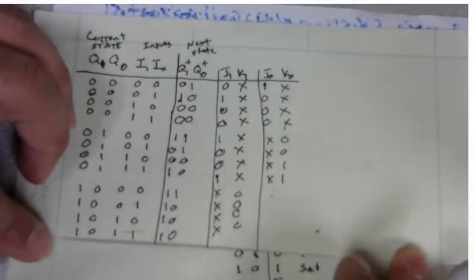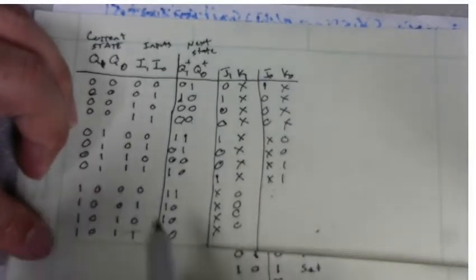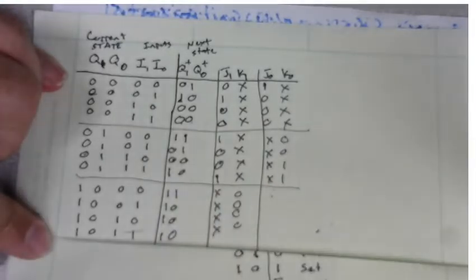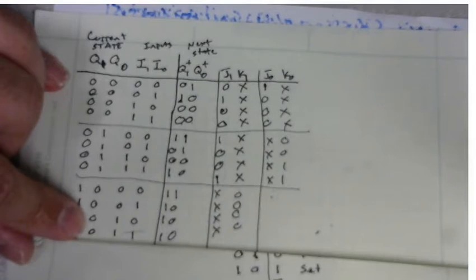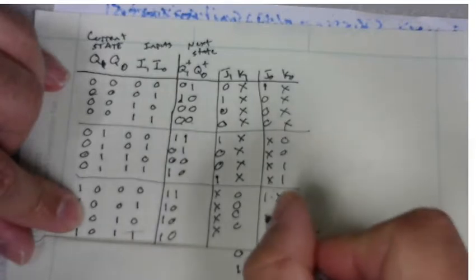And then the next set, I'm going to draw a little line there because I'm getting a little bit sloppy. I want to make sure I can see which ones are which. The next one, they're all zeros on this side, and the first one is 1, so 0 to 1 is 1x, and then 0 to 0 is 0x.